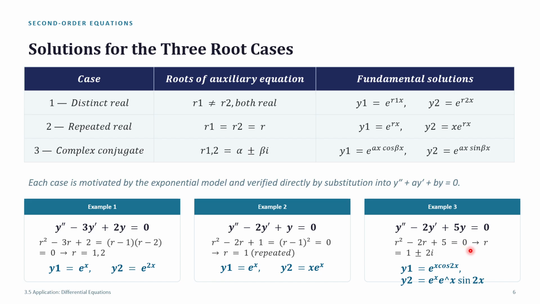Applying the quadratic formula, we get the complex roots 1 plus 2i and 1 minus 2i. So the two solutions of the differential equation are y1 is equal to e raised to the power of x cosine 2x, and y2 is equal to e raised to the power of x sine 2x.